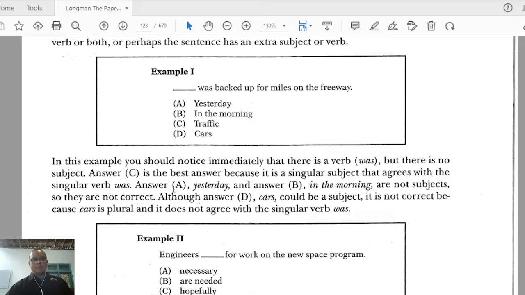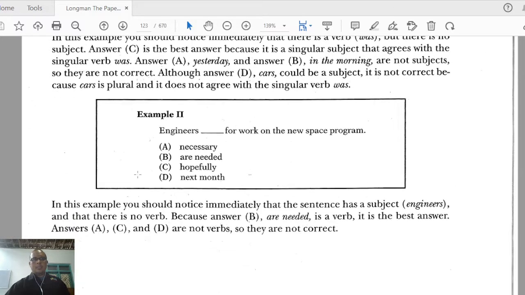Answer A, yesterday, and answer B, in the morning, are not subjects, so they are not correct. Although answer D, cars, could be a subject, it is not correct because cars is plural and it does not agree with the singular verb was. So the best answer is C.